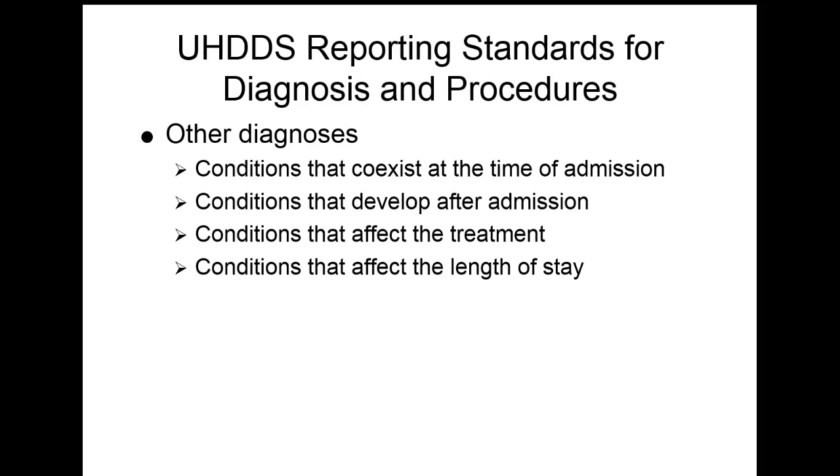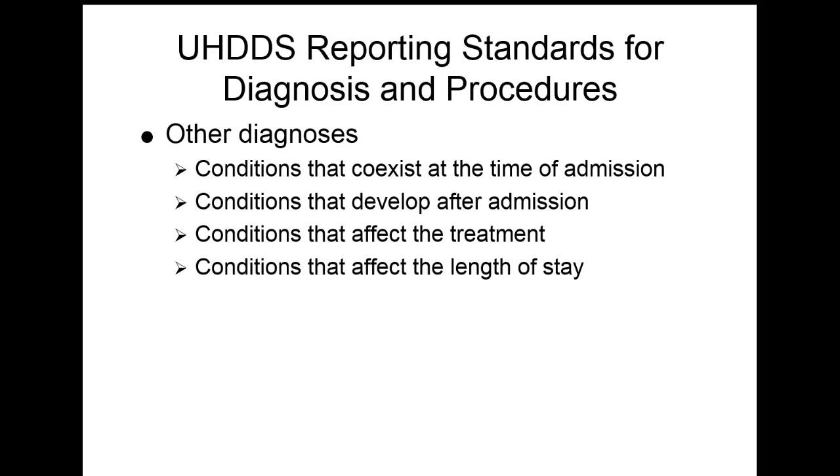Okay, so then you're going to say, well, what might be an example of that? So let's say that our patient actually came in and they had lung cancer, and they had a lobe of their lung removed. And when they were up ambulating this patient, the patient fell and they broke their hip, and so then they had to have a hip replacement.